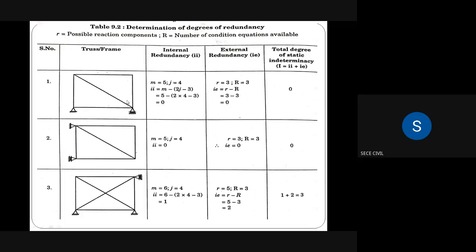But if it is a truss, we have to use this formula also. The problem is a truss means we have to use both the formulas, for calculating the internal redundancy and external redundancy. And finally, we have to add these two for getting the total degree of static indeterminacy.